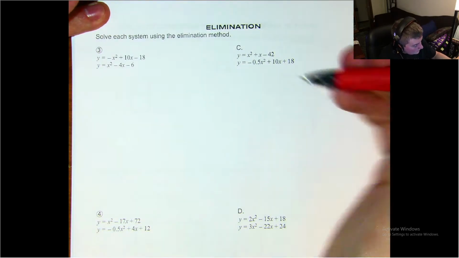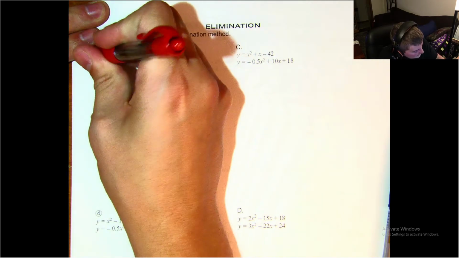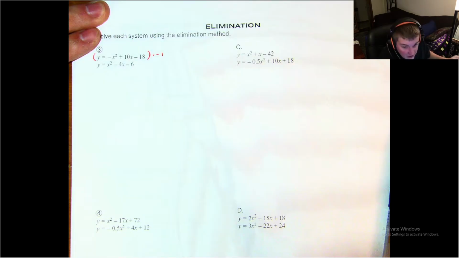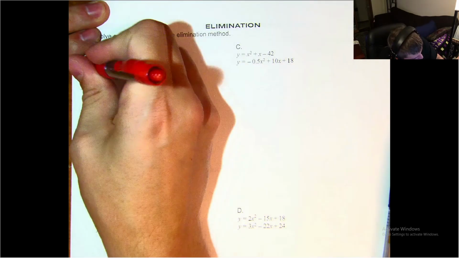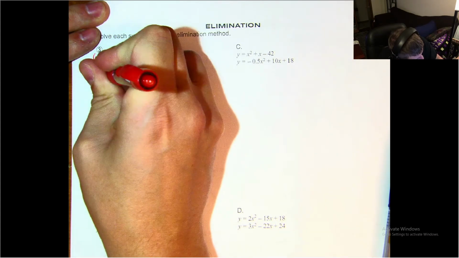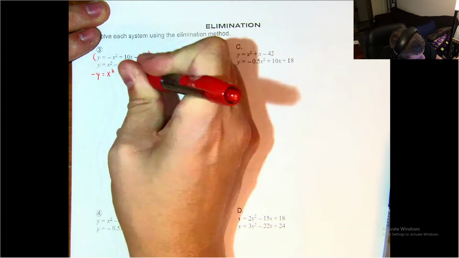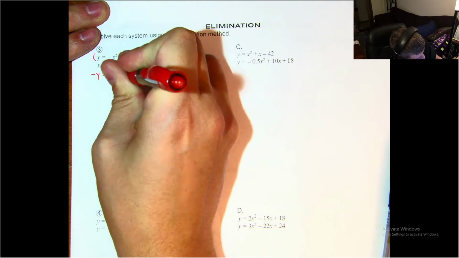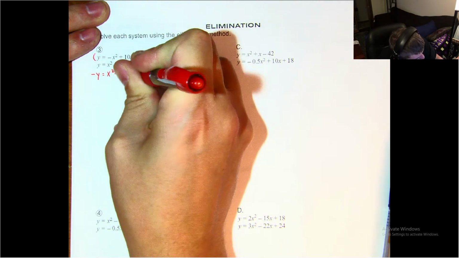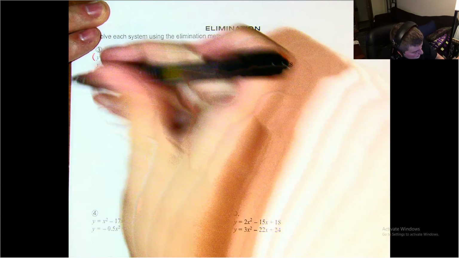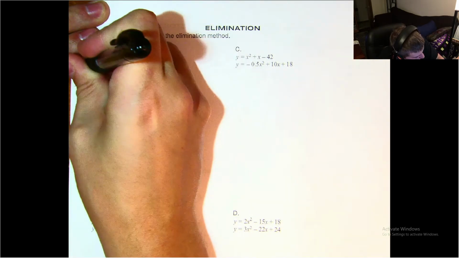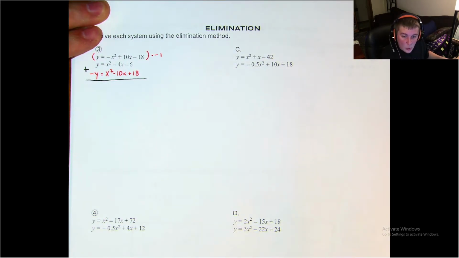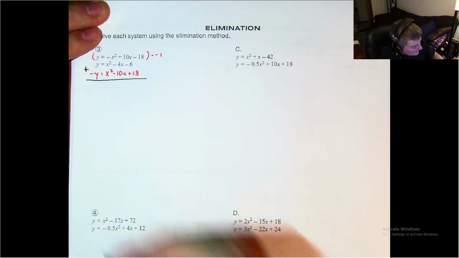One is positive y, the other is also positive y. So I'm going to take this top one and multiply by negative 1. Then I get negative y is equal to x squared minus 10x plus 18. Now when I'm looking at the two equations here, I have opposites. So y plus negative y is going to be 0.